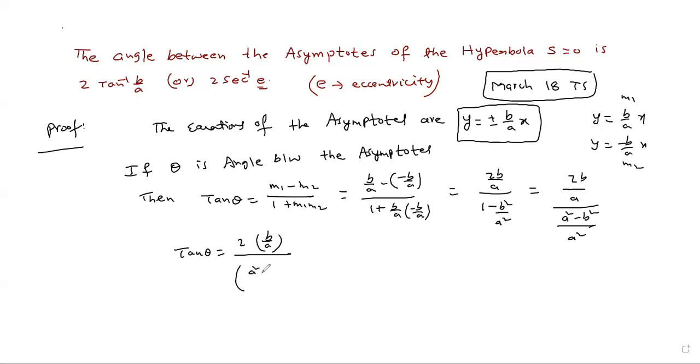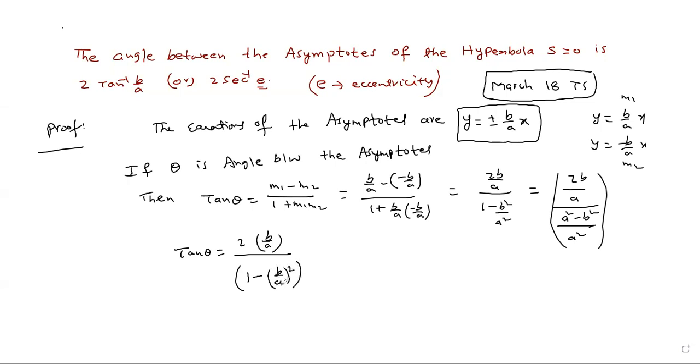by a square minus b square by a square, or here you can write it as 1 minus b by a whole square.